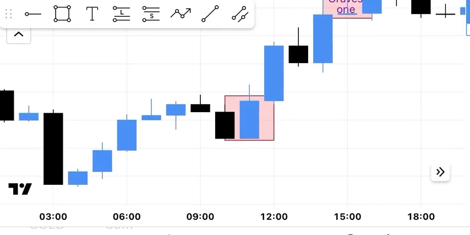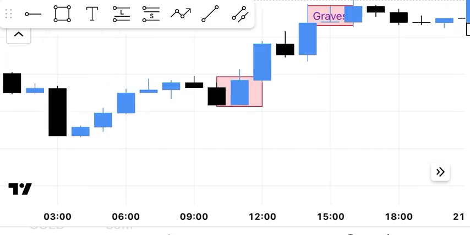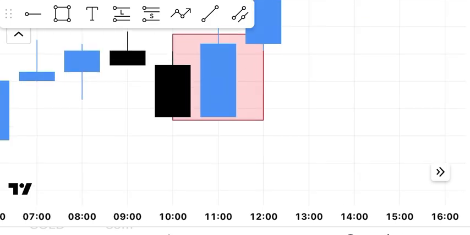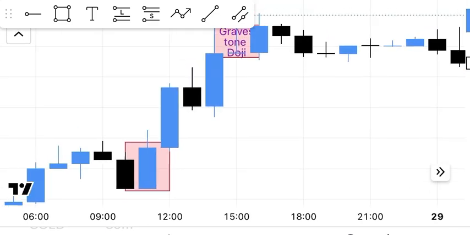It has a bigger body with a wick at the top or at the lower level. Sometimes it might not have a wick on either side. Sometimes it might have just a tiny wick on the body. So this is how the bullish engulfing looks like.